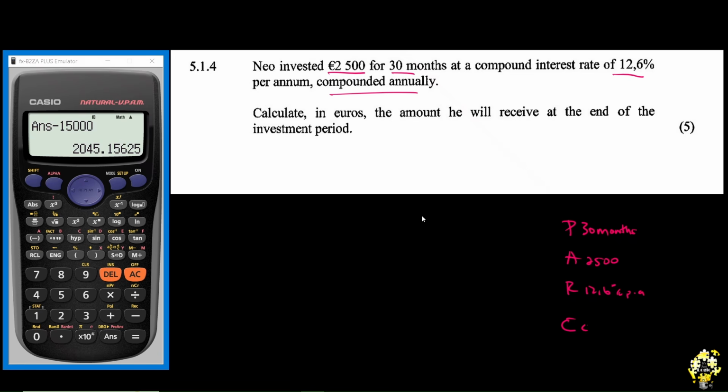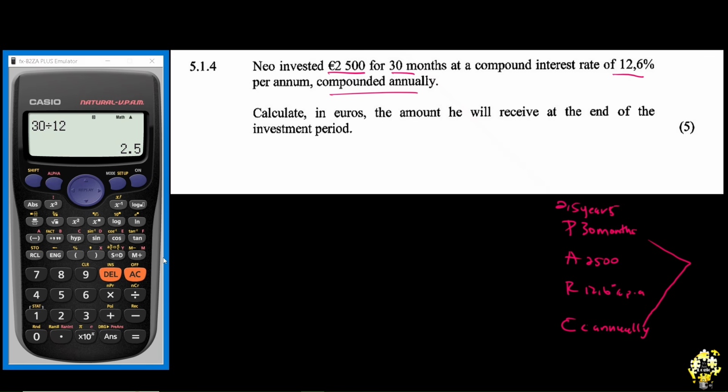It's actually compounded annually. This and this, what does it give us? How many years are in 30 months? Well, we go to our calculator and say 30 months, we divide by 12 months in 1 year, we actually get 2.5. So it's 2.5 years.